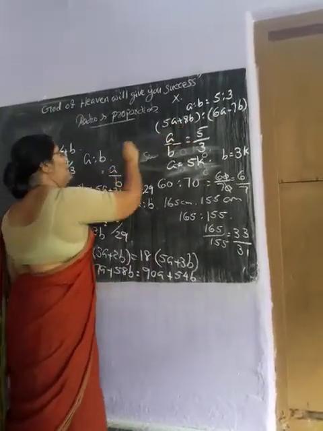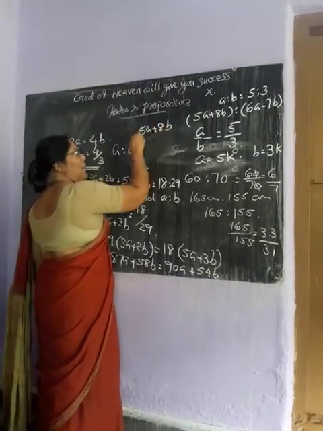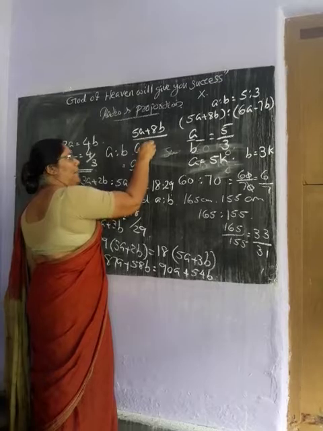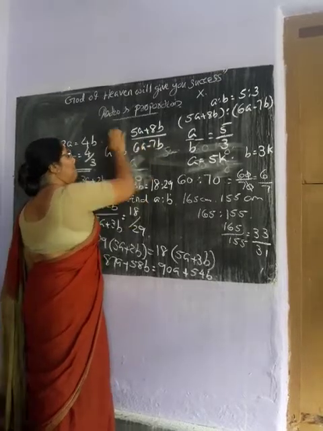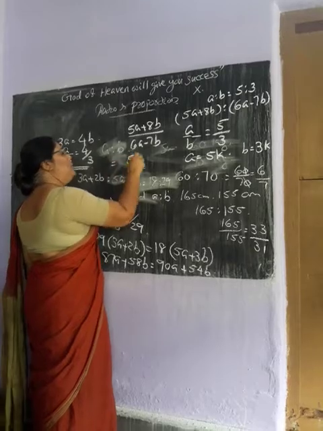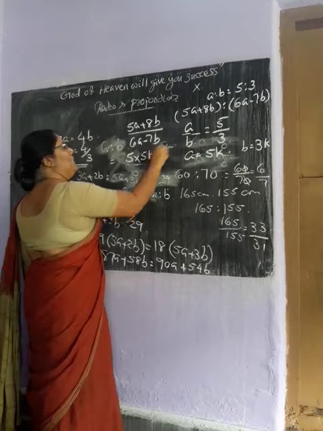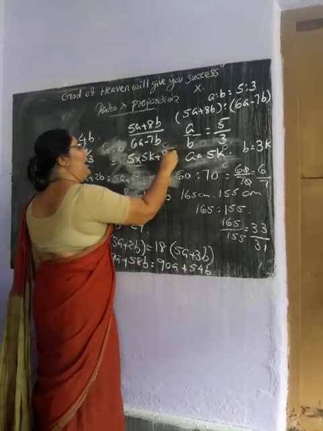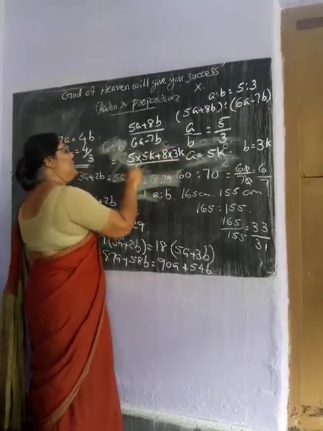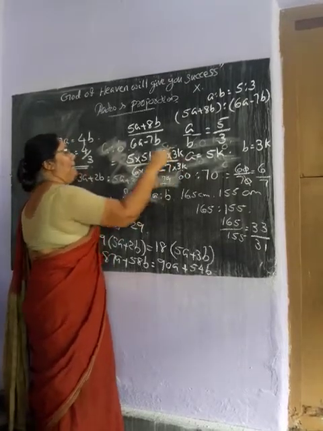Then copy this part. 5a plus 8b by 6a minus 7b. That is 5 into what is a? A is equal to 5k, plus 8 into 3k, by 6 into 5k minus 7 into 3k.